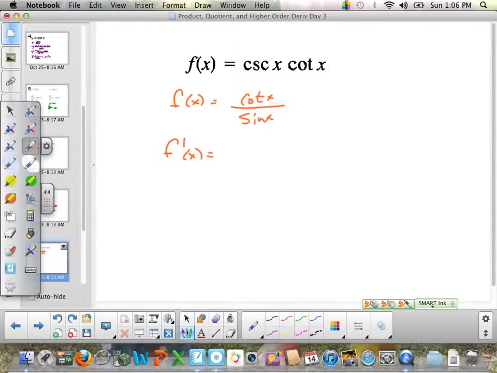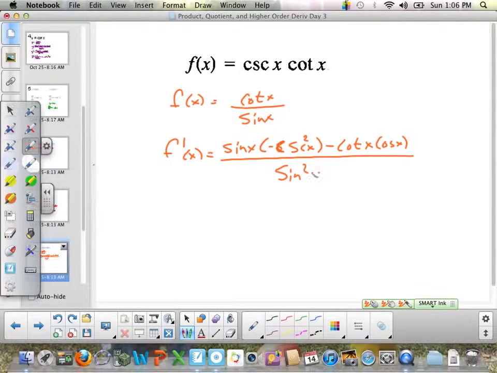We'll do bottom, derivative of the top, minus top, derivative of the bottom, all over bottom squared. And you can leave it like that. There's probably more you could do, but that is a good equivalent expression for the derivative.